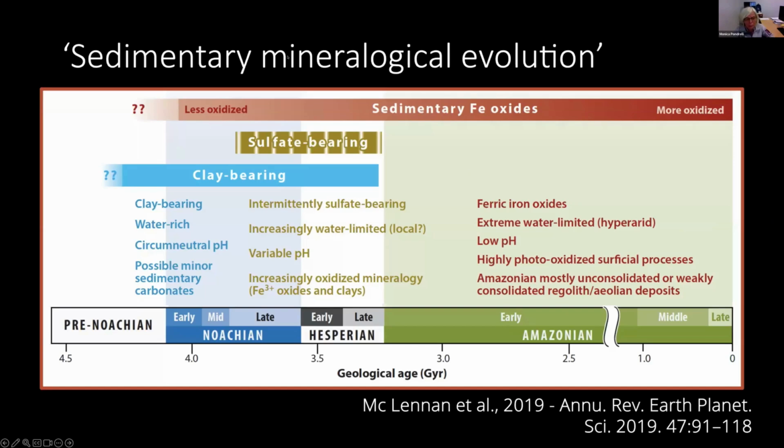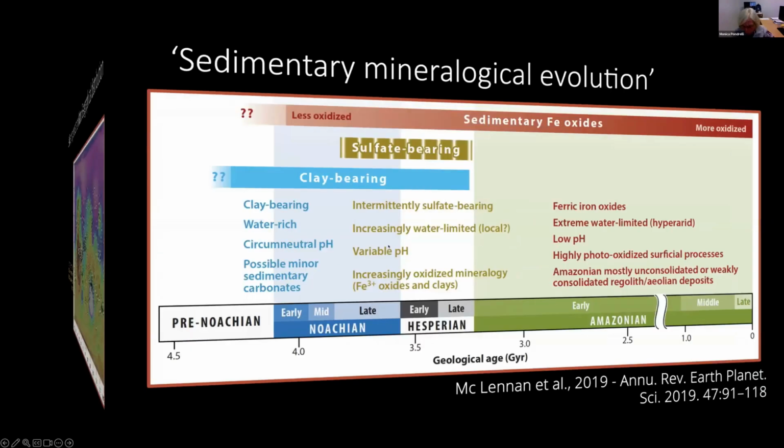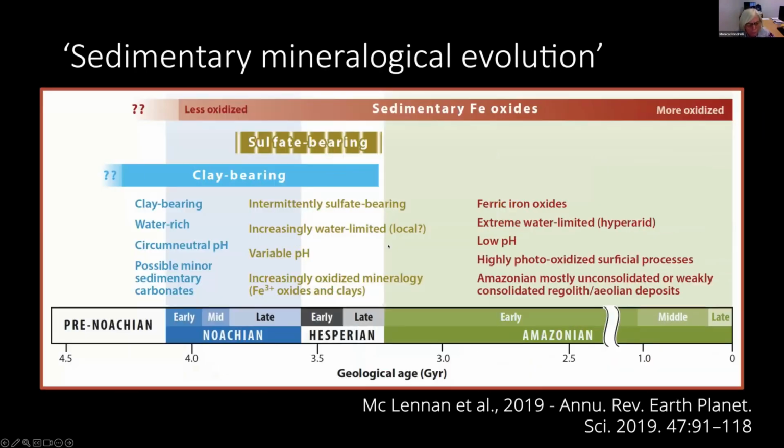So we can see that until the mid-Noachian, clay-bearing deposits were dominating. These clay-bearing deposits are very often associated with water-related, mostly fluvial depositional environments. And from late Noachian to all of the Hesperian, these deposits start to be interbedded with sulfate-bearing deposits.